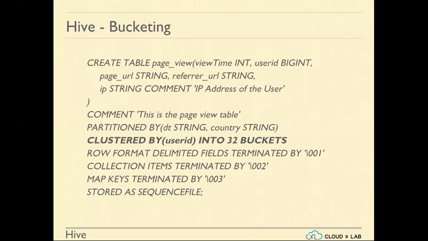Let's say you have thousands of music files. You will create a sequence file containing all of the music files, where the key will be the name of the MP3, the song or file name, and the value will be the content of that file. So that's what is called a sequence file.